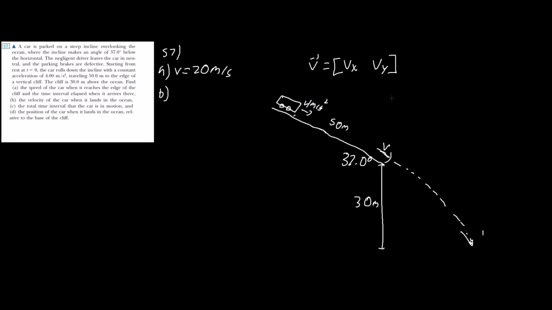Since the angle is 37.0 degrees, we can use that as the reference angle to get Vx. That's 20 meters per second times cosine of 37 degrees. Is it 37.5 or what does it say? Oh, it's just 37 degrees. Okay, beautiful.